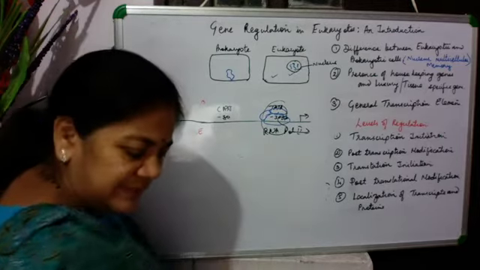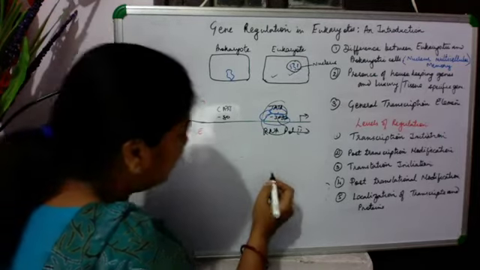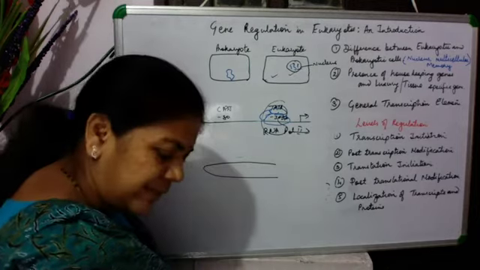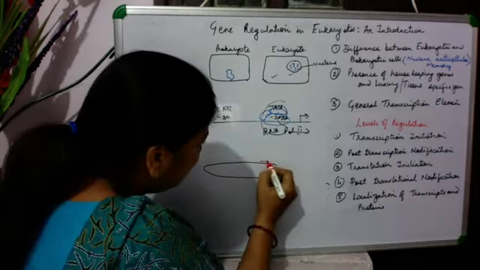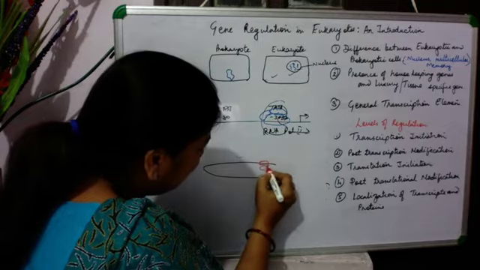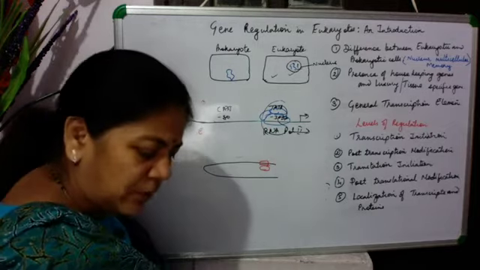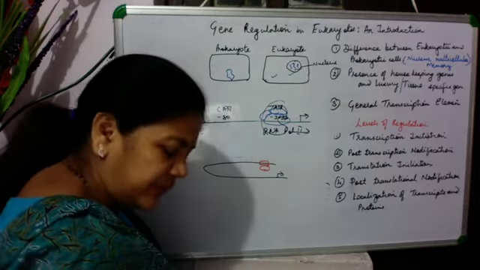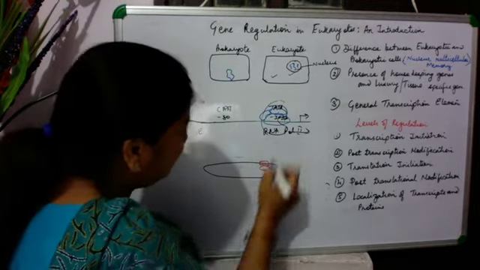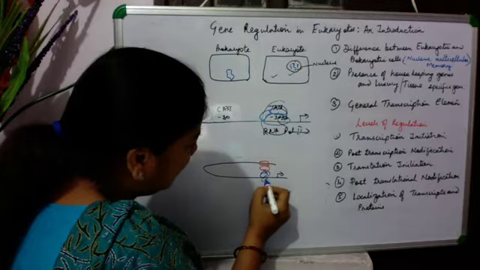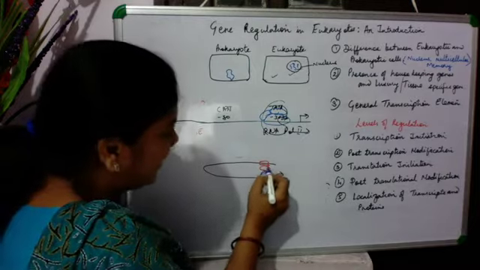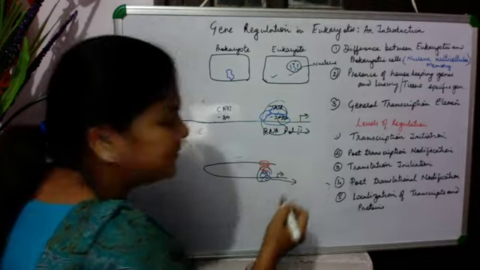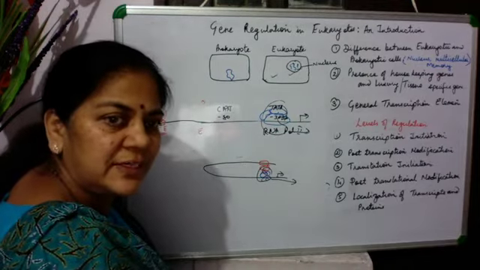So this DNA is bent in a manner to bring this enhancer element, with the activator bound, close to the transcription start site. So these are the different factors that were bound, RNA polymerase. So there's interaction, and then the RNA polymerase can increase the transcription of this gene.